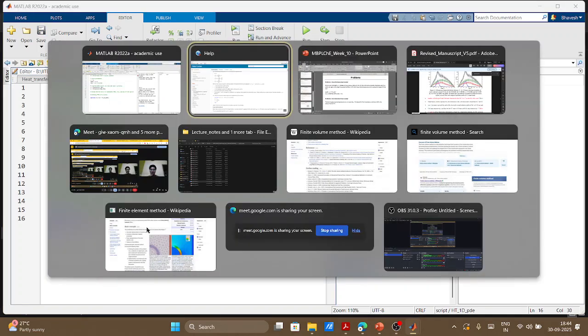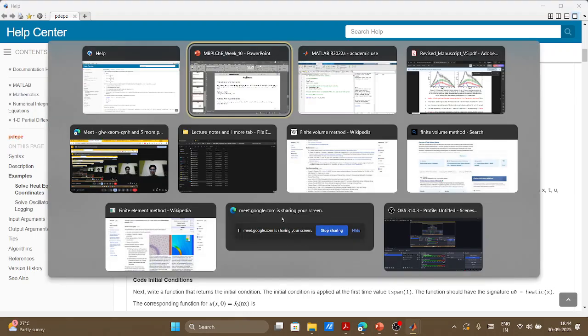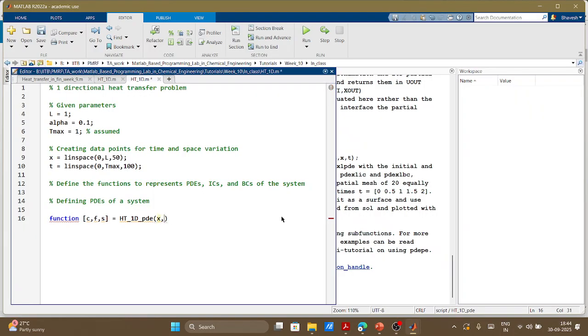What value you have to provide? It is given that it should be a function of x, t, u, du by dx. So I can write it as x, t (for time you can write capital T also), u, dt by dx. My c value is 1, f value is nothing but dt by dx, and s value is 0. So this is my PDE function.